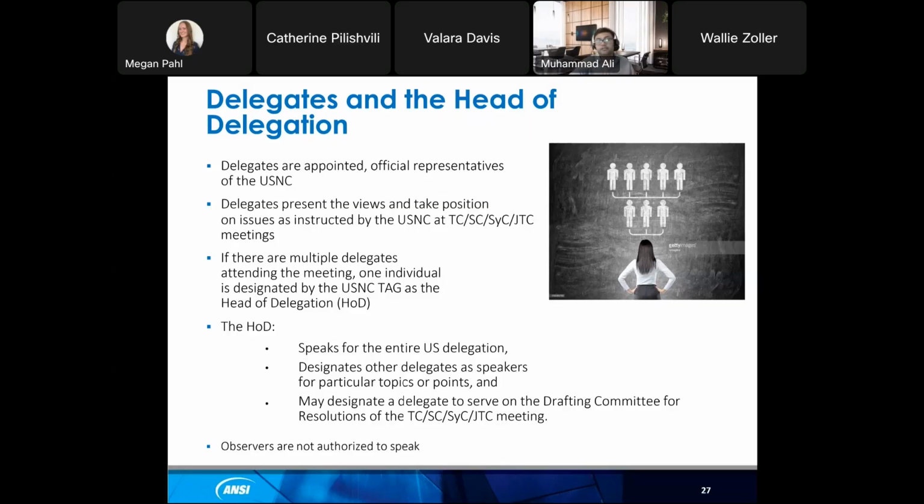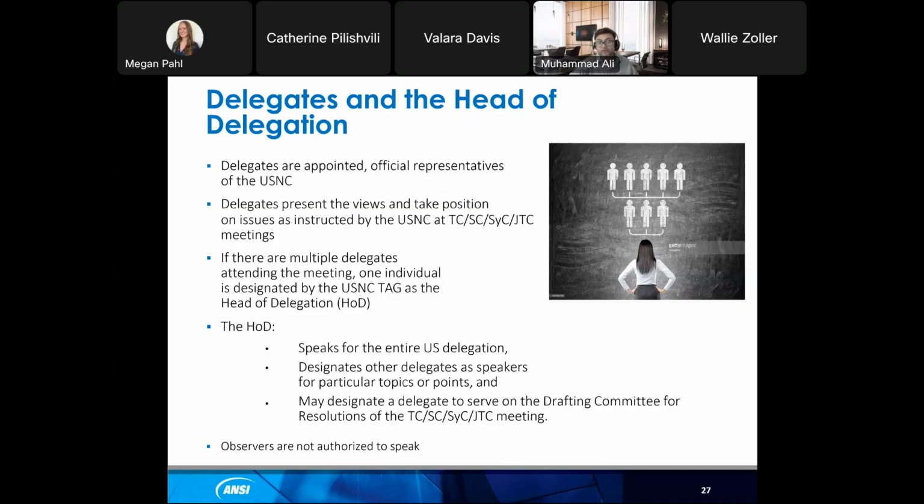Another important thing that the head of delegation does is determine whether the US is going to participate on the drafting committee. The drafting committee is the committee that keeps track of all the decisions and the action items that the meeting has, and comes up with the resolutions document at the end of the meeting for approval and review by the committee.